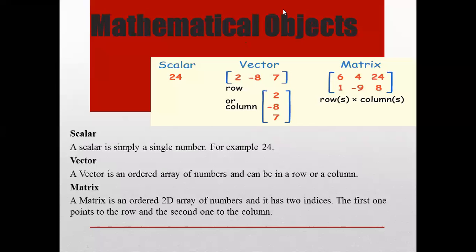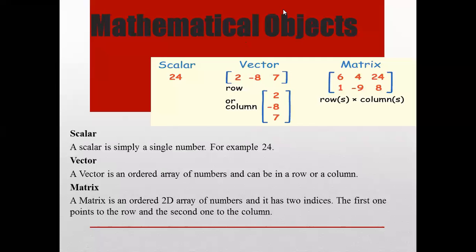The matrix has two dimensions. The first dimension is the rows, the second dimension is the columns. You can see that the matrix has 2 rows and 3 columns, so we write it as a 2 cross 3 matrix.